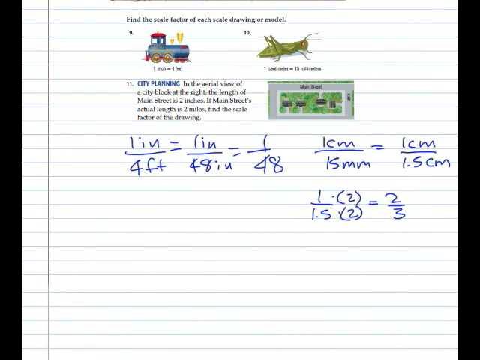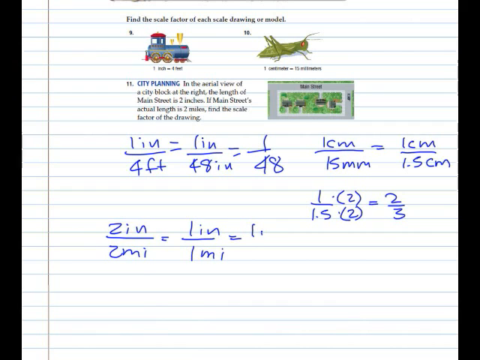And our last one, in the aerial view, the city block at the right, the length of Main Street is 2 inches. So we have 2 inches to 2 miles, which we're going to simplify to a unit rate of 1 inch to 1 mile. Now what they want us to do is to change miles to inches.